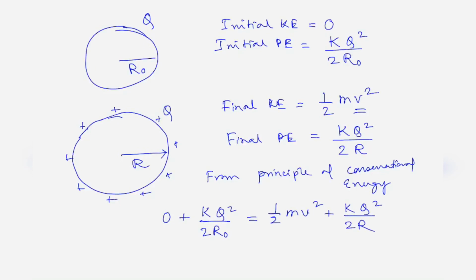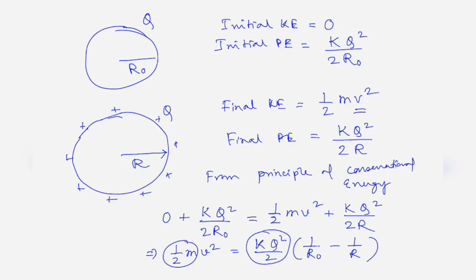Okay, therefore half mv square is nothing but kq square by 2 common, 1 by R naught minus 1 by R. Half m, kq square by 2, these are constants, so I can write that v square is equal to some constant, suppose k, times 1 by R naught minus 1 by R. Right, student?